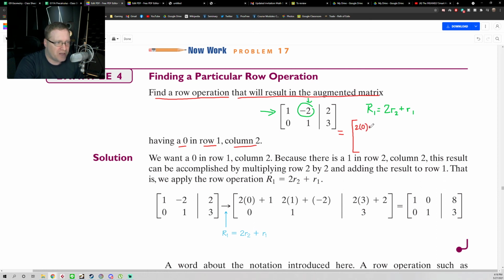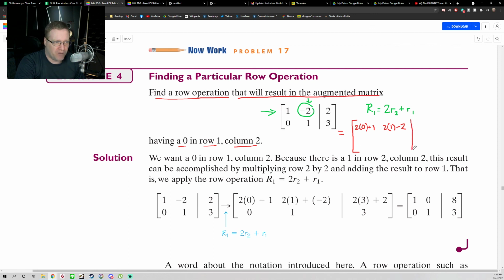And then we're going to plus old row 1, which is 1. Good. And then now we're going to move here, and we're going to do 2 times old row 2, which is 1. And we're going to plus old row 1, which is -2. So that's going to be -2.